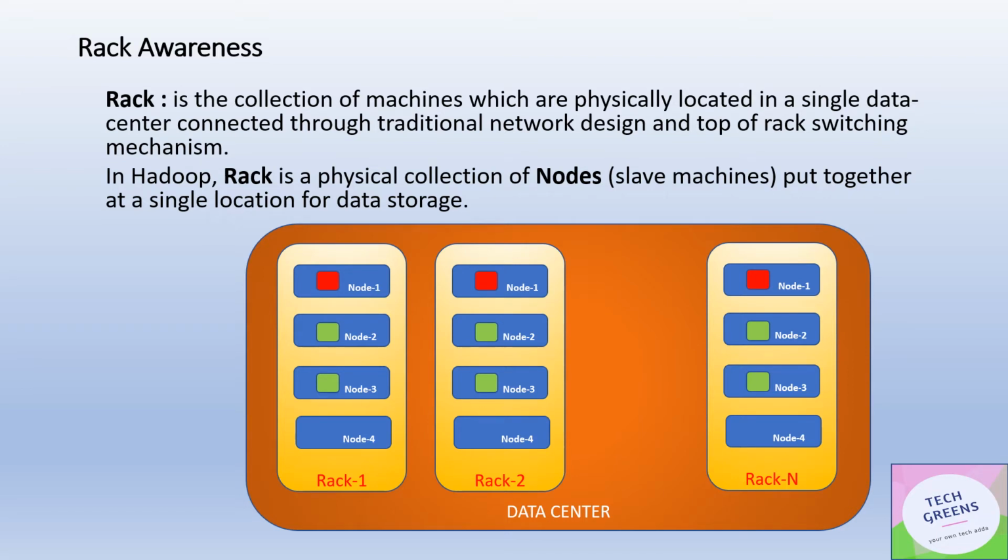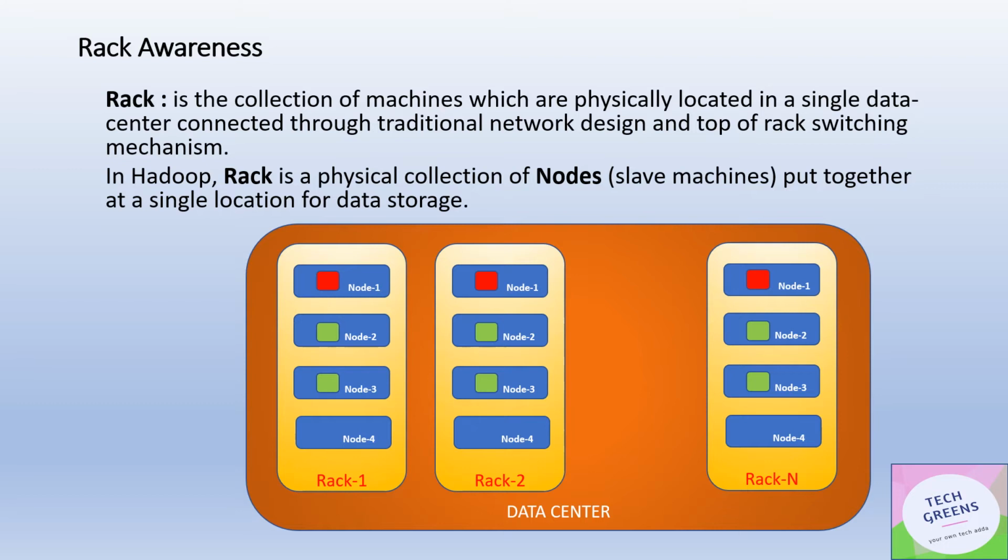which are called nodes. So if you try to put this picture in analogy with the Hadoop cluster world, you would have your Hadoop cluster set up on one or more data centers, and all the slave machines would be the different nodes across different racks in that particular data center. So that's how you will create your Hadoop cluster.